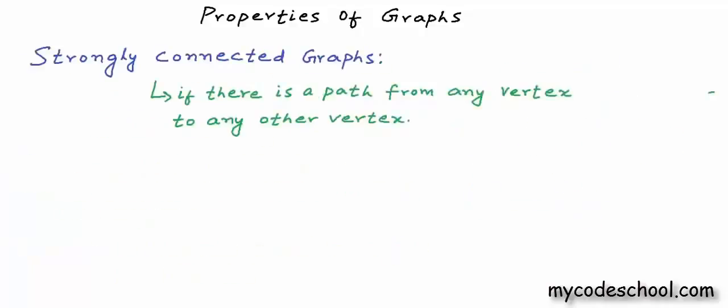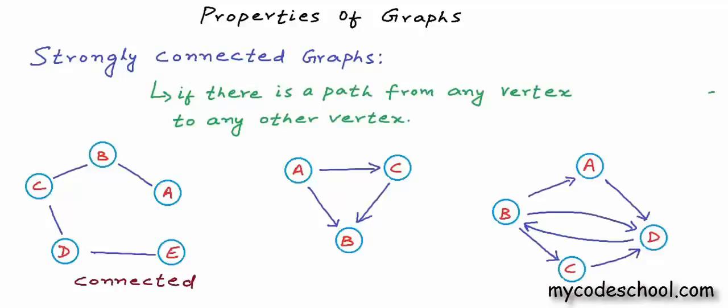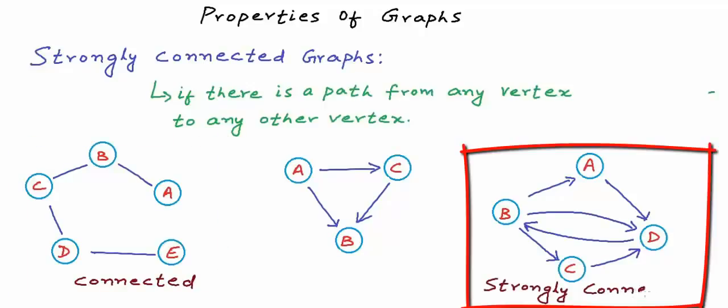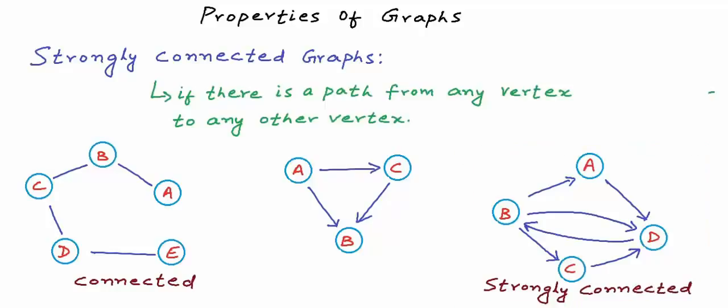A graph is called strongly connected if in the graph there is a path from any vertex to any other vertex. If it's an undirected graph, we simply call it connected. And if it's a directed graph, we call it strongly connected. In leftmost and rightmost graphs that I'm showing you here, we have a path from any vertex to any other vertex.